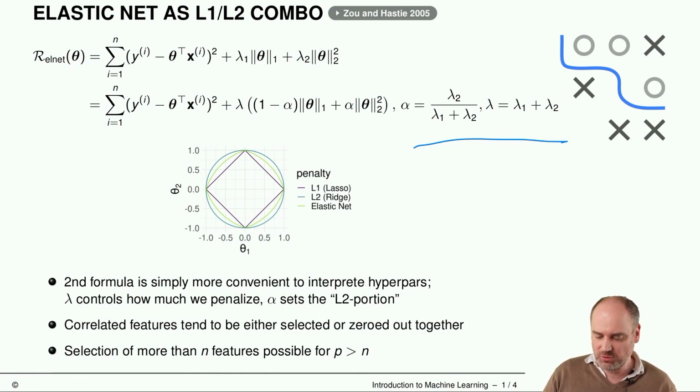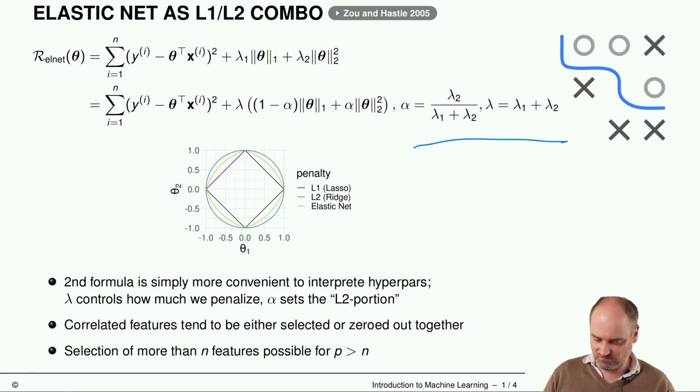The only reason we do this is that this allows a somewhat more convenient interpretation of things, especially if we then computationally optimize lambda and alpha, so we understand a little bit better what their optimal values mean. Here the alpha value actually controls the portion of the L2 penalty.